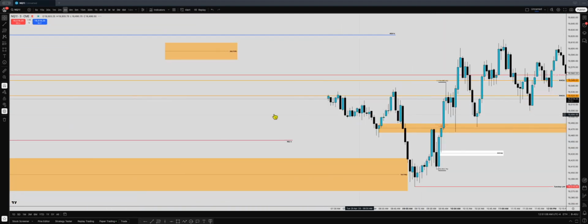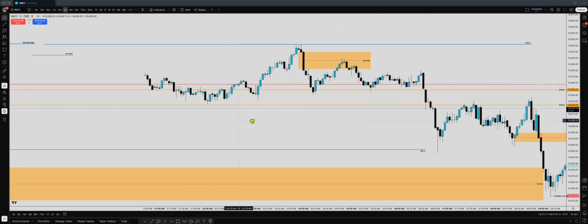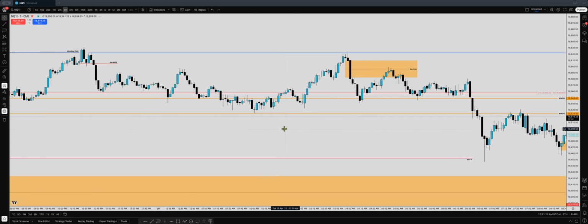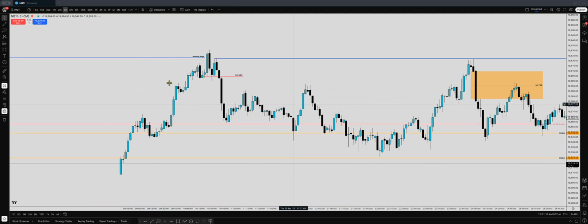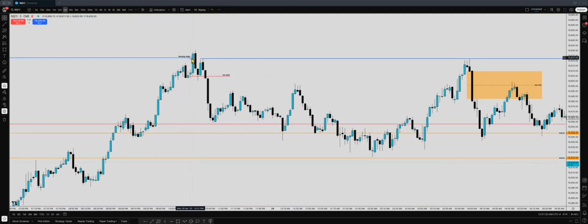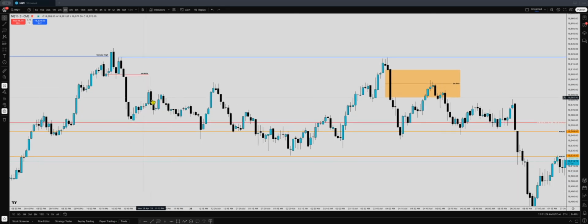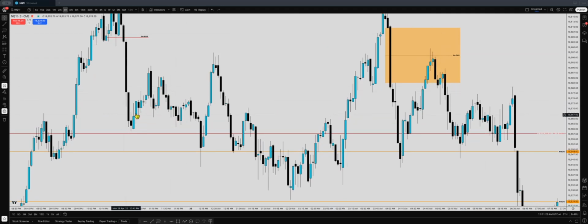See if it yielded anything. So here's the high. I don't see a market structure shift on the 3-minute. We do have one right here.